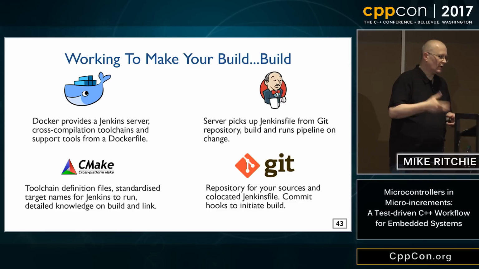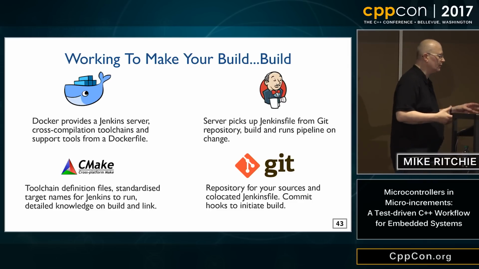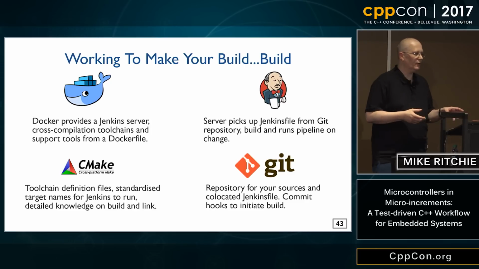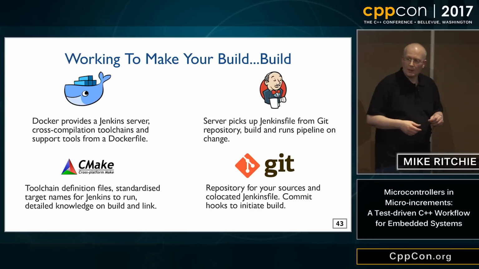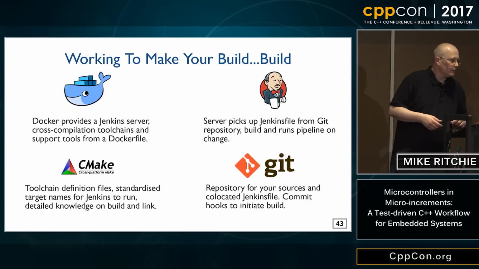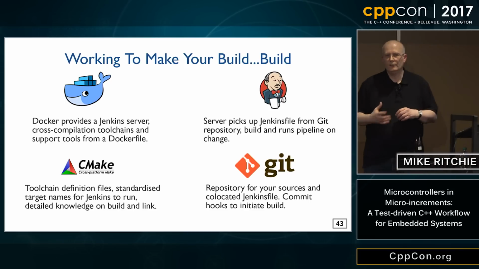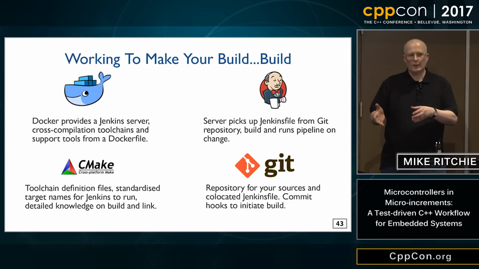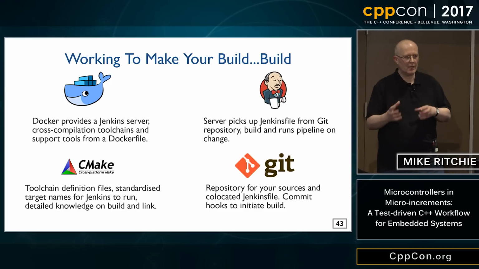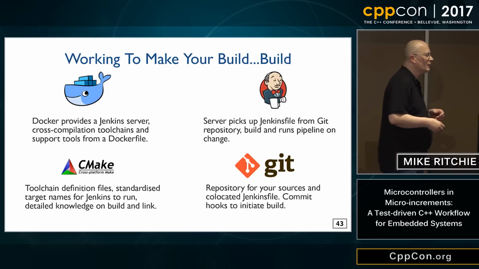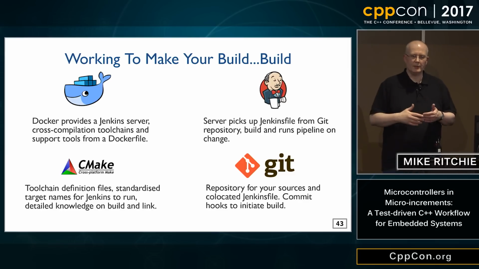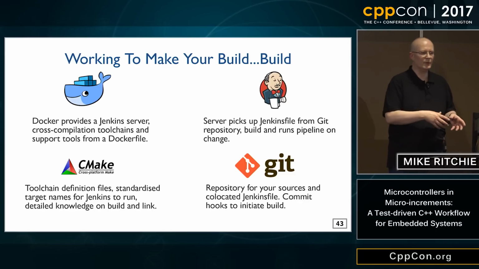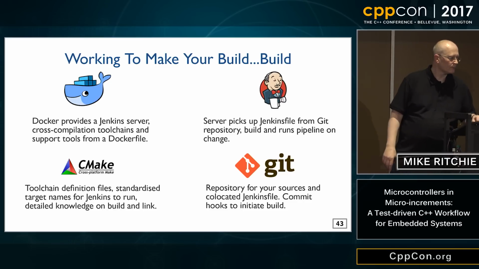Jenkins is going to run assuming that there are certain tools and toolchains on the host environment. That's Docker's job to provision those. The Jenkinsfile is mostly going to be running targets that are in your CMake build, so they have to be kind of co-versioned. So you have to move these on. There's a little bit of elasticity there, but you can end up in incompatibility issues. So if you're changing the structure of your build, you're probably going to have to change your Jenkins build as well.